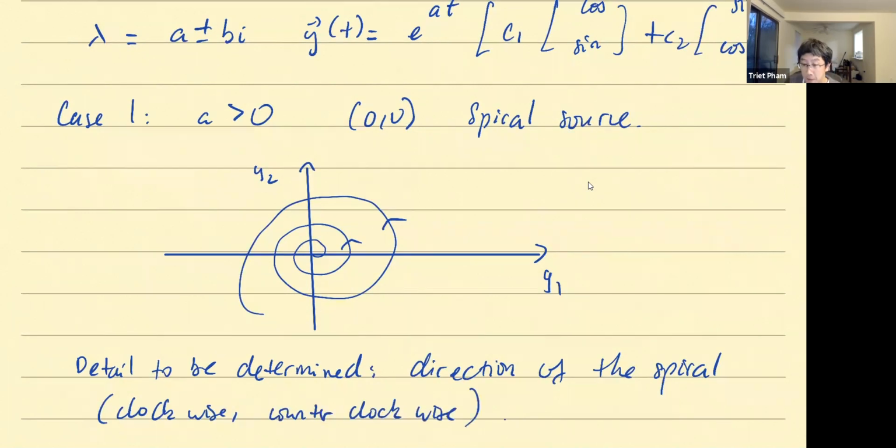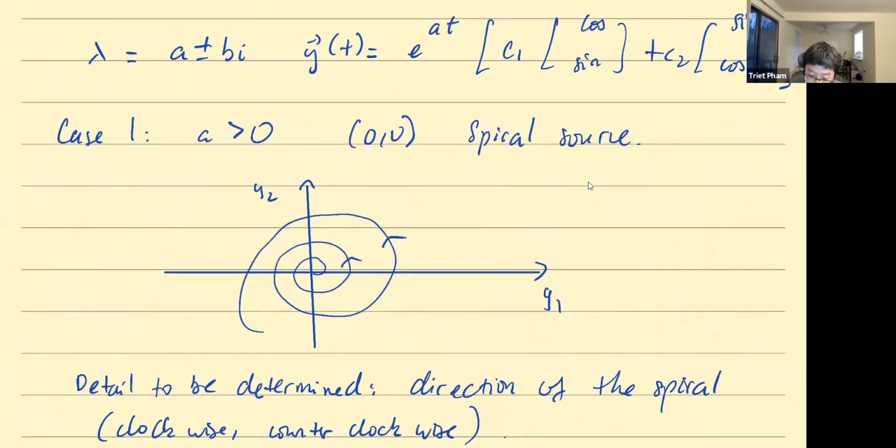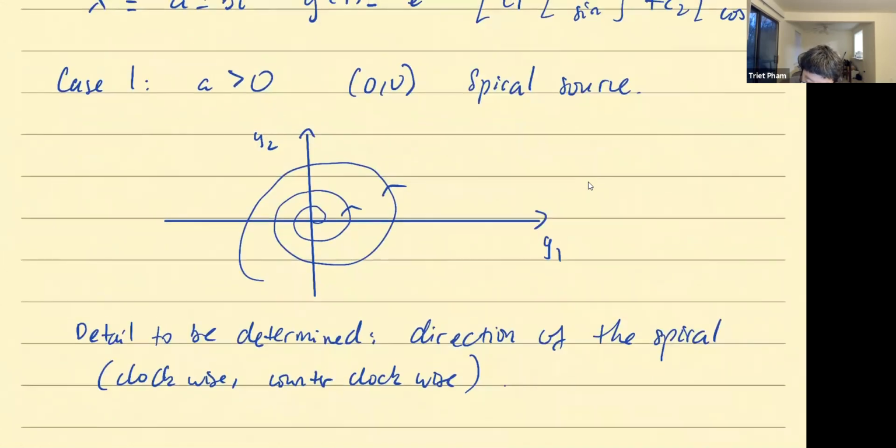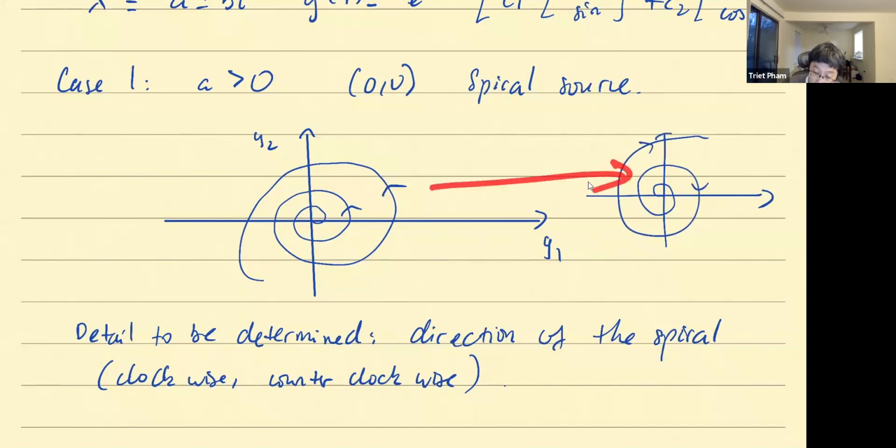Because you could have a spiral source the other way, like that maybe. This is also a spiral source. How do I settle which picture is roughly correct?